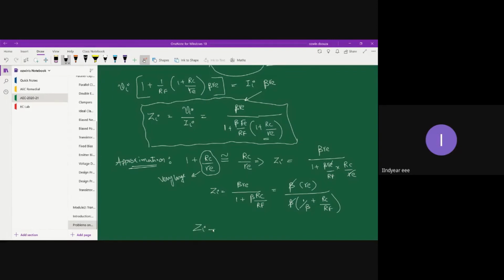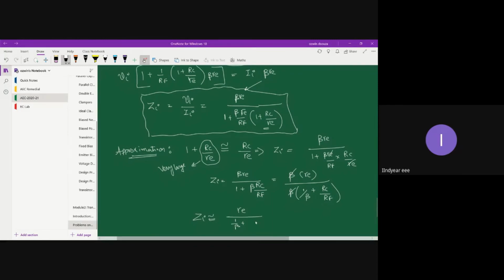So the approximate expression is Zi equal to Re divided by 1 by beta plus Rc by Rf.